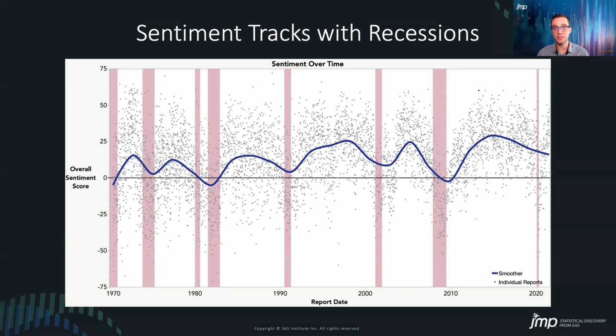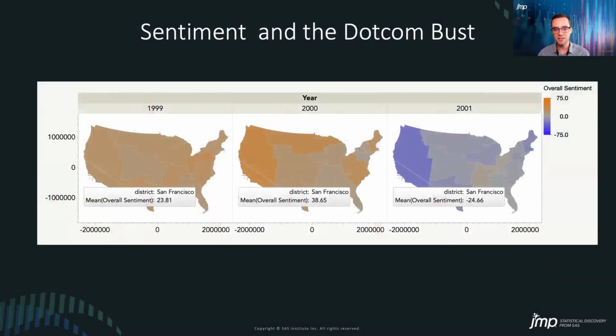It also tracks geographically, interestingly enough. Take, for example, the dot-com bust around 2000, 2001, when a bunch of internet startups in the San Francisco Bay Area went under. I have the hover labels for San Francisco highlighted here so we can see the scores for that region. We have positive sentiment in orange, as we saw before, and negative in blue.